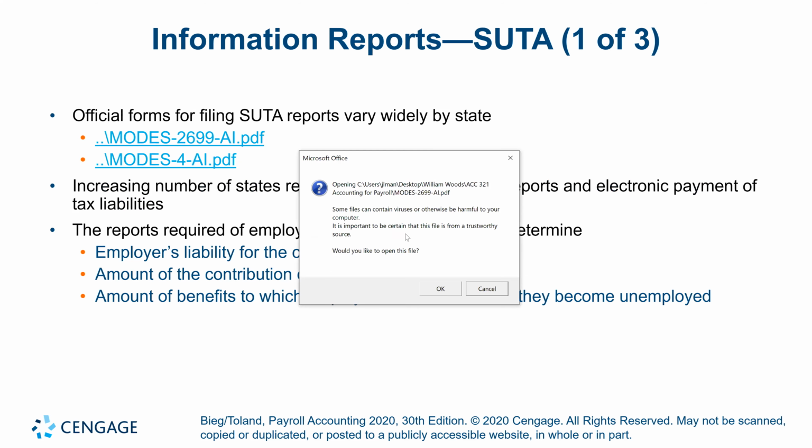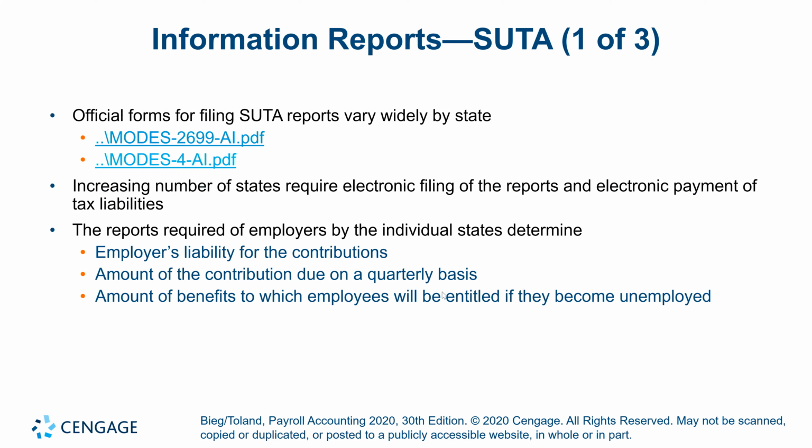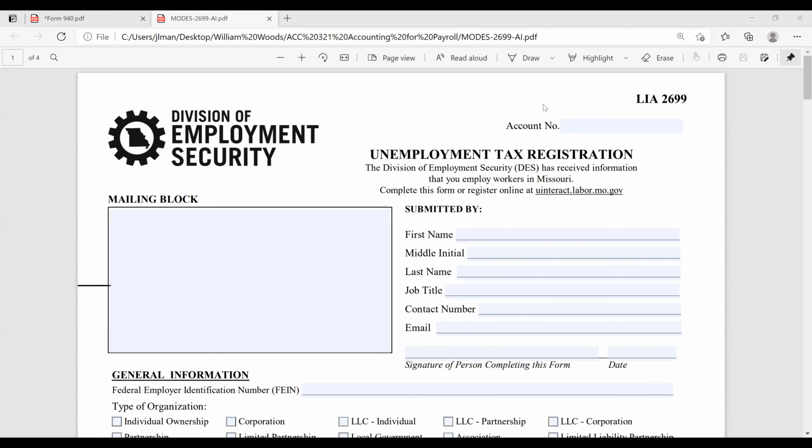So let me open these. I've got that one pulled up. Okay. So this is the Missouri Division of Employment Security Form 2699.